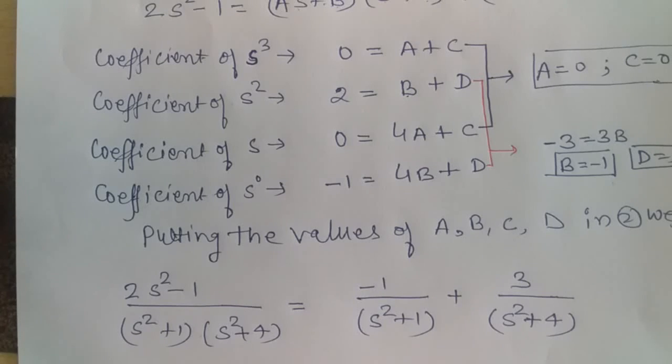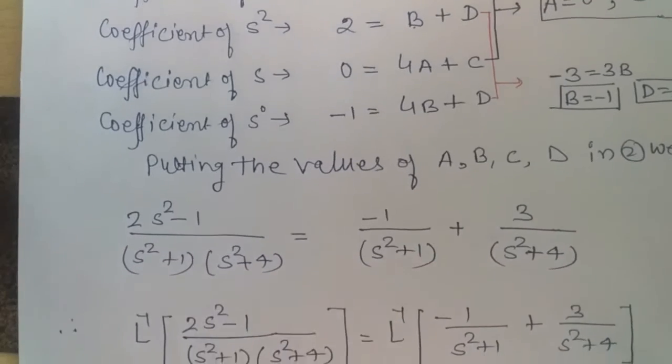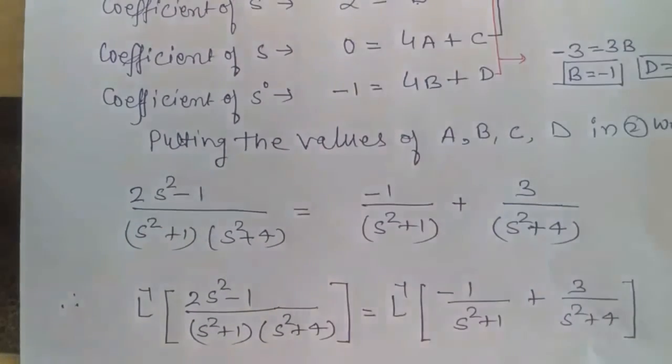Now we take inverse Laplace transform on both sides. Then we get the inverse Laplace transform of 2s square minus 1 upon s square plus 1 into s square plus 4 equal to inverse Laplace transform of -1 upon s square plus 1 plus 3 upon s square plus 4.